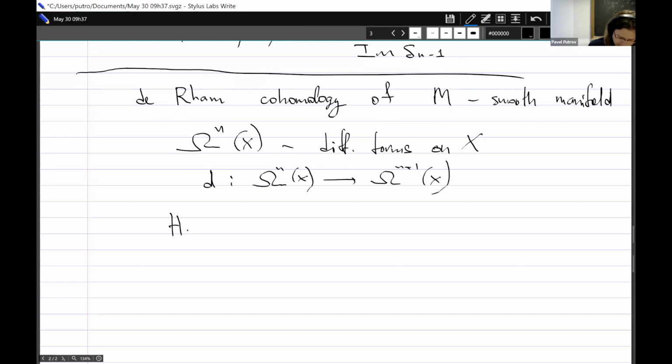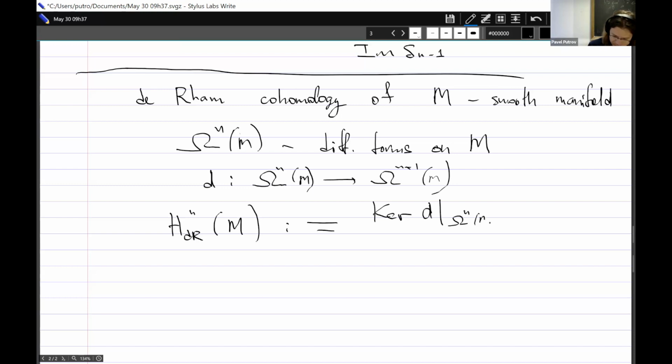And then one can define the de Rham cohomology as the kernel of d acting on n forms divided by the image of d acting on n minus 1 forms.